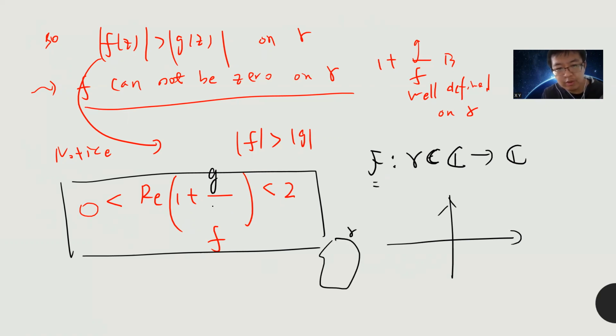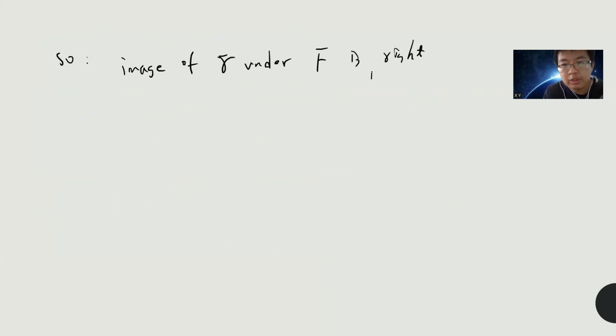And you map f to be 1 plus g divided by f. This image will be on the right half plane, because the real part of 1 plus g divided by f is always greater than 0. So the image of gamma under f is the right half plane.